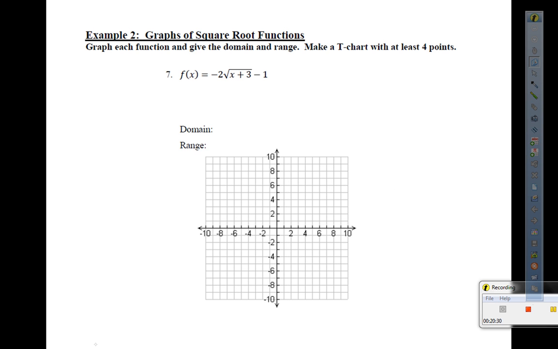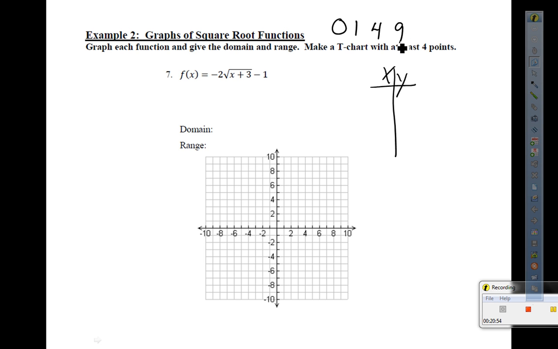I'm going to do number 7 real fast, and I'll probably move on because I notice this video is getting a little longer. So here's my number 7. Let's set up a little t-chart, x, y. And remember our numbers, 0, 1, 4, 9.